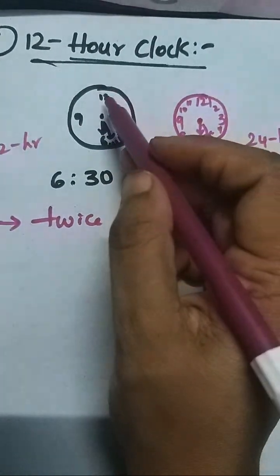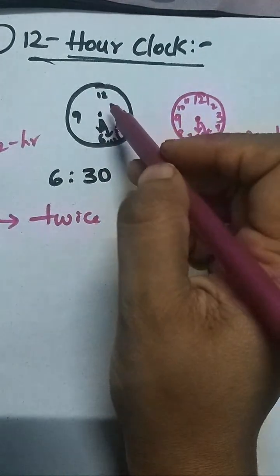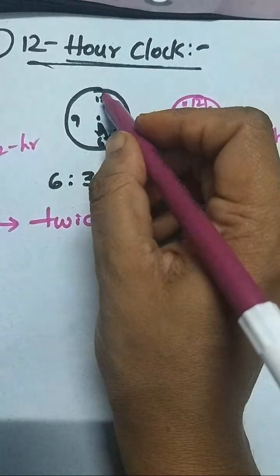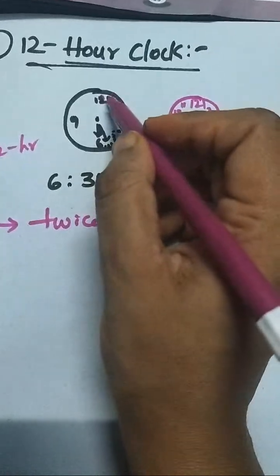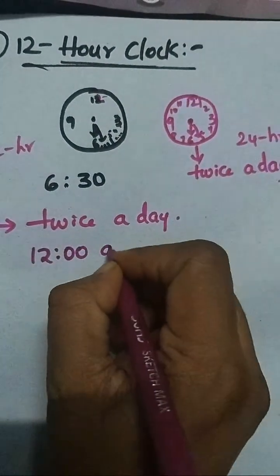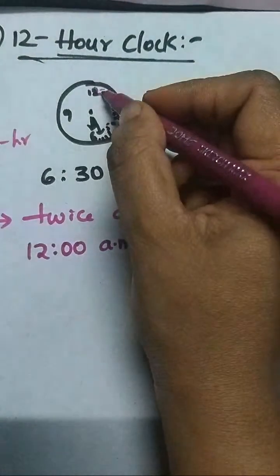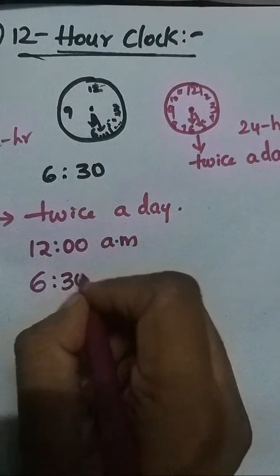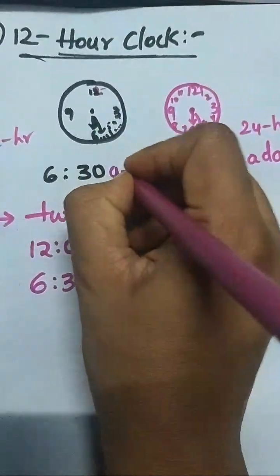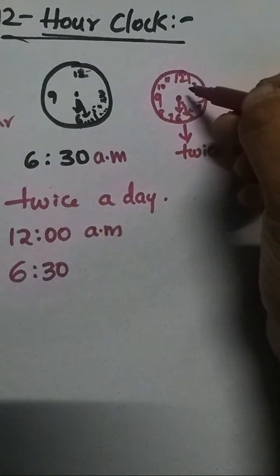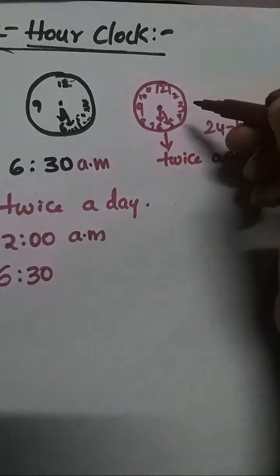Okay, first time at the midnight our day starts and that is 12 a.m. It starts from 12 a.m. and at 6:30 a.m. This shows 6:30 a.m. and again it comes to 12 in the afternoon, mid of the day.